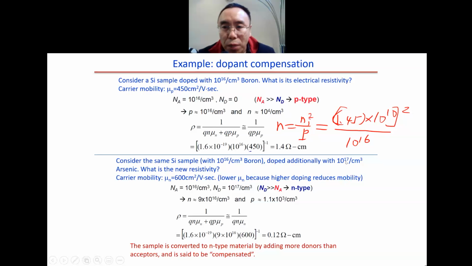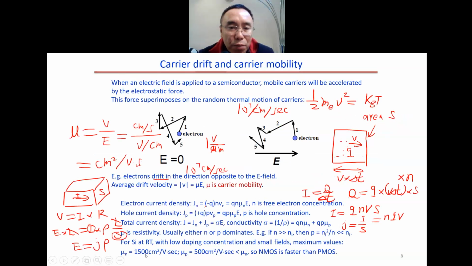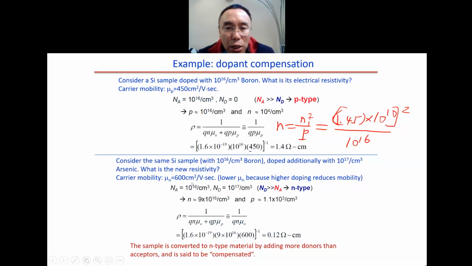For this doping concentration, the mobility for electrons is 600, which is lower than 1500, because we have higher doping concentration. When we have a lot of dopant, the charge will be scattered by the dopant atoms. As a result, the mobility becomes lower.